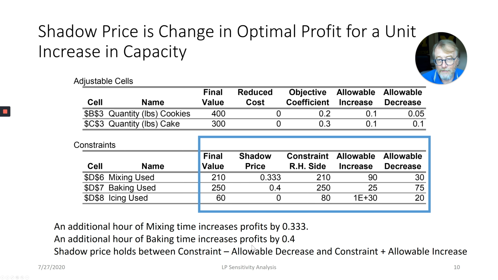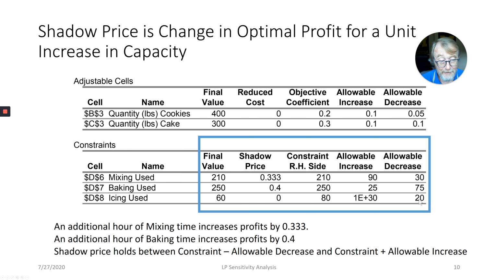Okay, now again, if something is slack, then the shadow price is 0, and there's no reason to increase it if you have slack. Now we could decrease it, right? I could say, hey, I have a slack of 20. If I got rid of my slack, decreased it by 20, instead of 80, bring it down to 60, then icing starts to become binding.